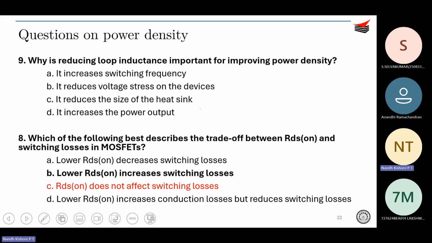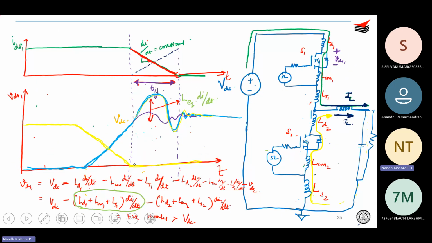Correct. So the answer is this. Because of your peak voltage overshoot. Let's say your VDC is 400 volts. If you don't design properly, this voltage can go more than 600 volts. Let's say your device itself is rated for 600 or 650 volts. Then if you operate like this repeatedly, the device will get damaged.